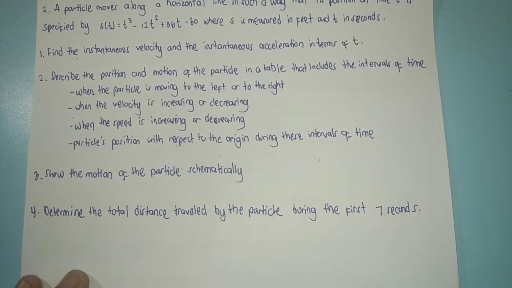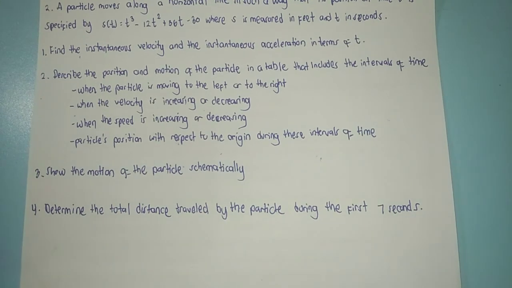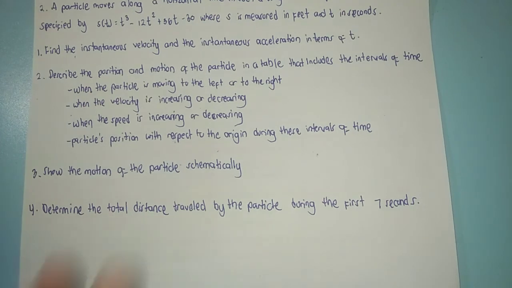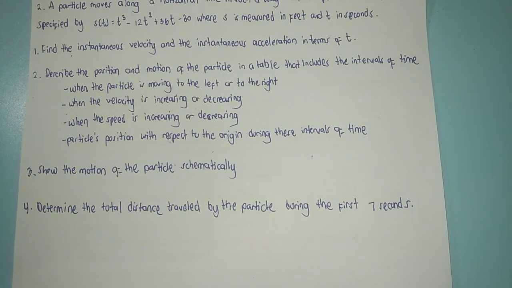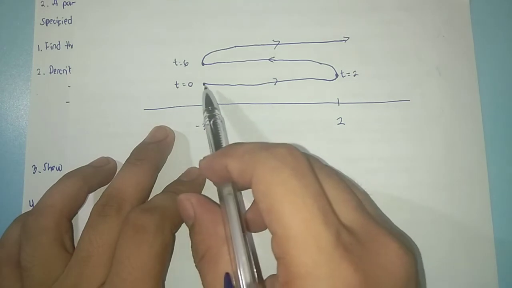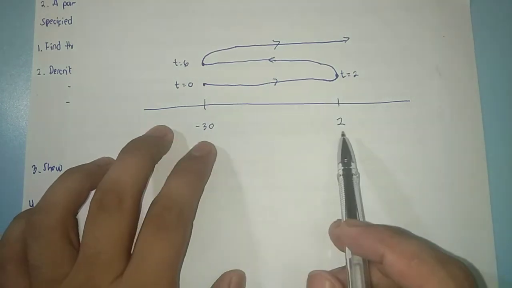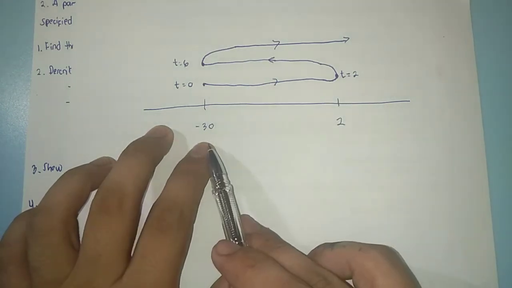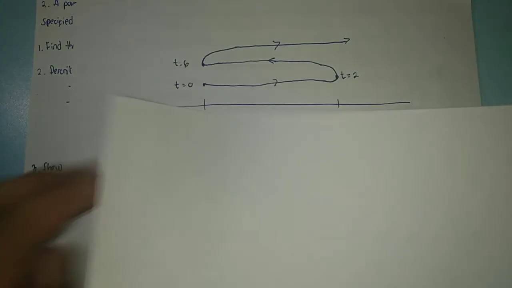For number 4, determine the total distance traveled by the particle during the first 7 seconds. Okay? So now, for our solution, so mapapansin natin kanina, dito, from 0 to 2, ang na-travel niya ay 2 minus negative 30, that is 32. Okay?